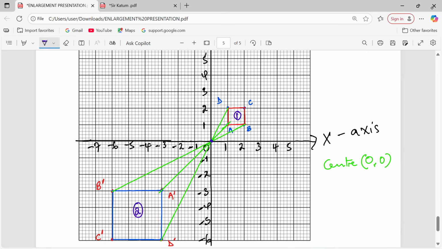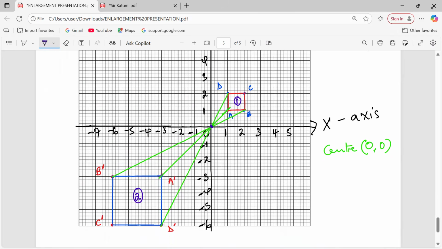Therefore, the thing that we are going to consider is how many times is the distance, for example, distance A to the center, fitting in the distance from the center to A prime. From A to the center, you lift the distance using a compass, and you stand at the center. Now you check how many times it is fitting from the center to A prime.